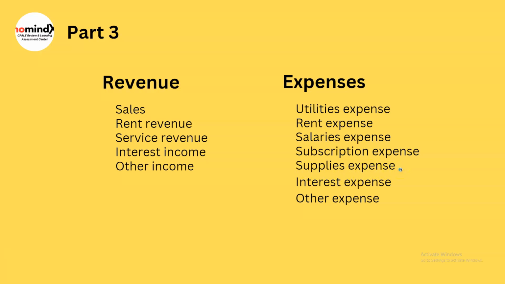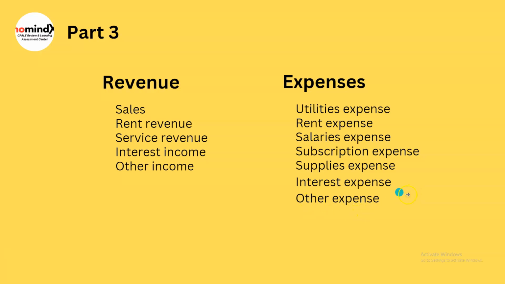Supplies, if you have office supplies like that, that's supplies expense. If you have other supplies, you can also use supplies expense. And interest expense, again, if you have some interest that is paid for your loans, you use interest expense. Even if you're not paying it, but you are at the cutoff date and you need to recognize or record the expense, you need to use this interest expense. So other expenses are for those that are unusual for the business, and you cannot use any of the existing chart of account titles in your chart of accounts, then you can use other expense.